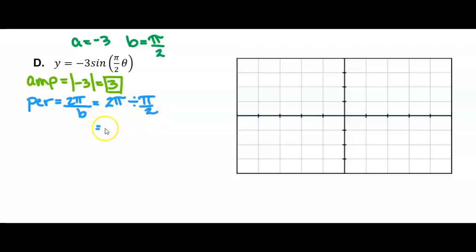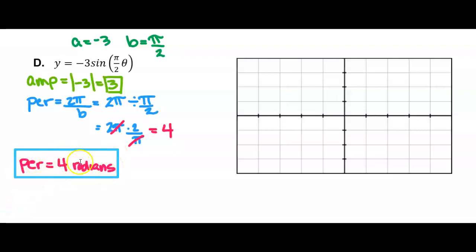Well, it's the same thing as multiplying by the reciprocal. So this would be the same as 2 pi times the reciprocal of pi over 2, which is 2 over pi. So when we multiply these out, our pi's are going to cancel out, and we're going to be left with 4. So our period is actually only going to be 4 radians.